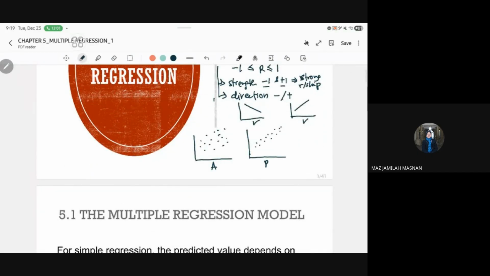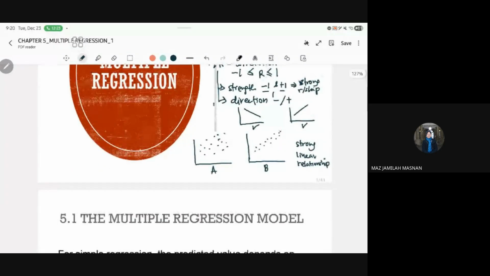So this is A, this is B. Which of the plots shows a strong linear relationship, A or B? B. Why? Why B?